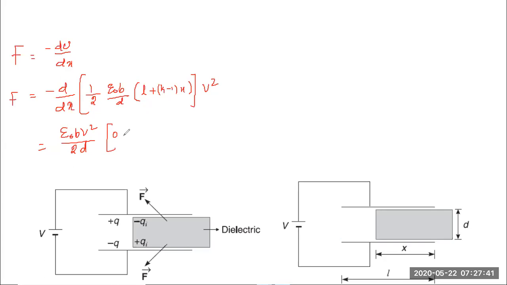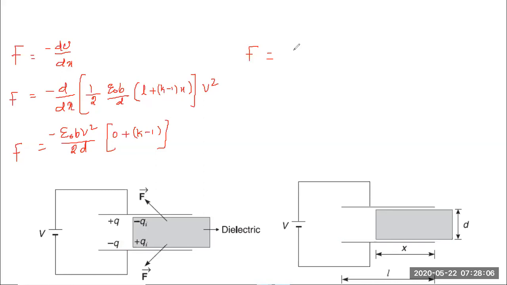Differentiation of L will become 0, plus differentiation of X will become 1. Therefore, you will get only K minus 1 inside. Anyway, here minus will be there, students. Minus indicates an attracting force. Every time no need of keeping minus, because the significance of minus is attracting. The dielectric is attracted between the plates of the capacitor. That is the significance of negative, students.